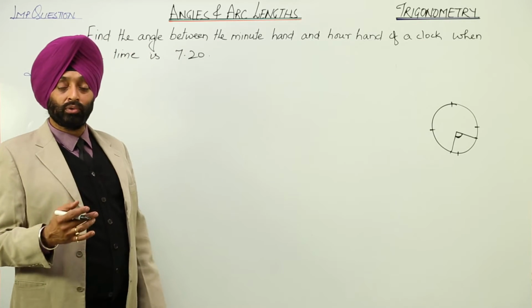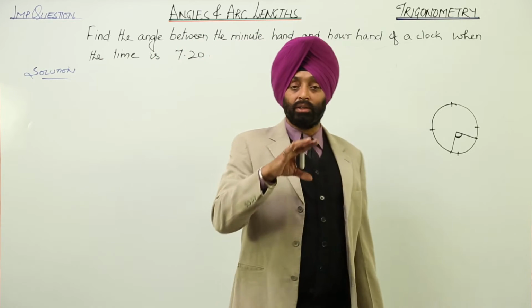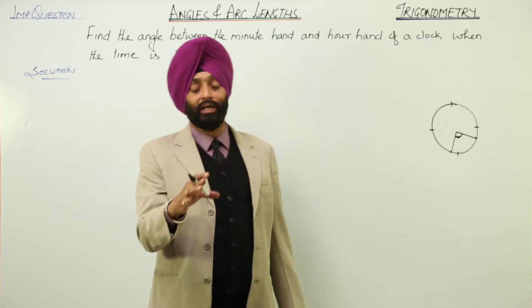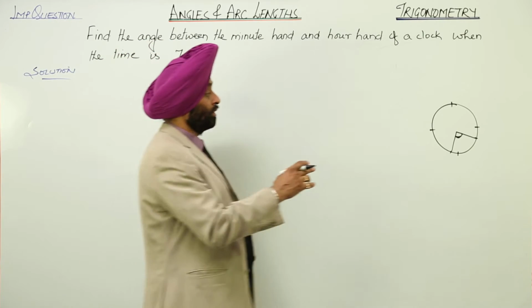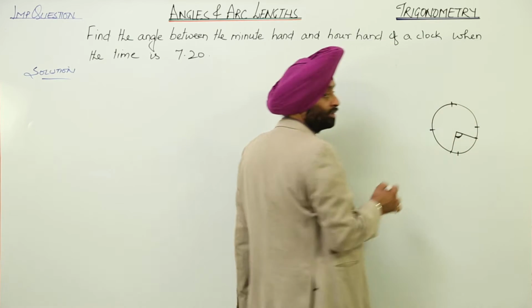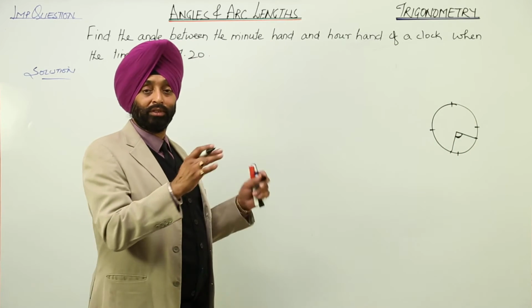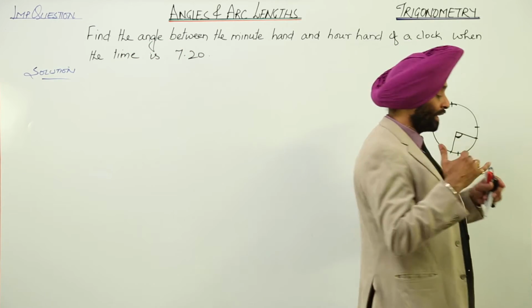Earlier, one complete revolution made by the minute hand means 1 hour has been done. So 60 minutes is equal to 360 degree. Now we are doing something extra for it.